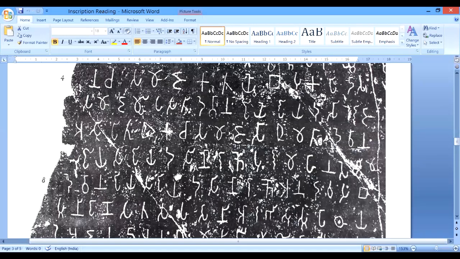Okay, next. De, dakara and ekara, line number 8. De, vakara, akara, deva, nam, then priya, priyasa, priyadasino. Okay, rayo. Ra and yakara, you can see it very clearly.